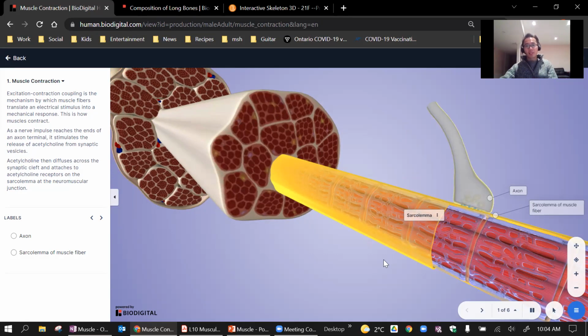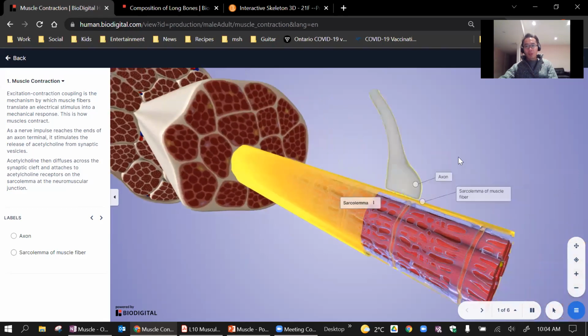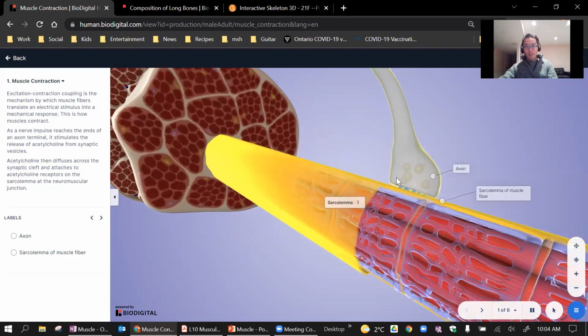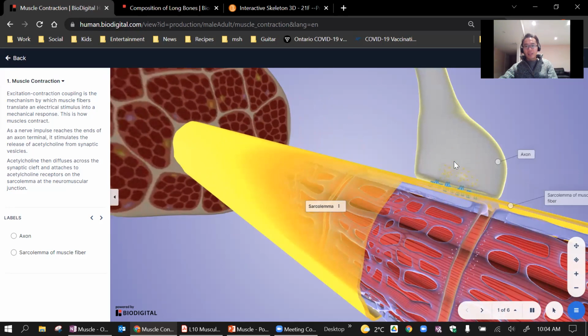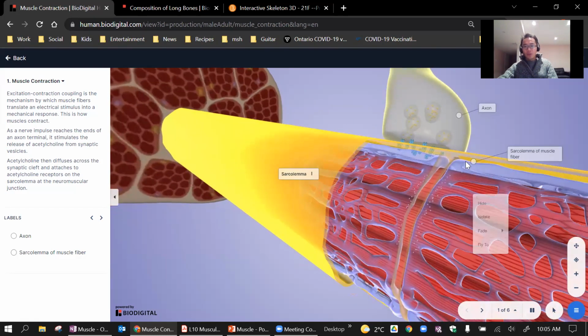Okay, so there's a sarcolemma, the cell membrane. You're going to have a motor neuron coming down the axon. In here you can see there are these vesicles which contain the neurotransmitters for communication between the motor neuron and the muscle. The neurotransmitter, which we'll go into later, is acetylcholine, and that will cause the channels to open on the surface of the cell membrane, which would then send an electrical signal throughout the sarcoplasmic reticulum.